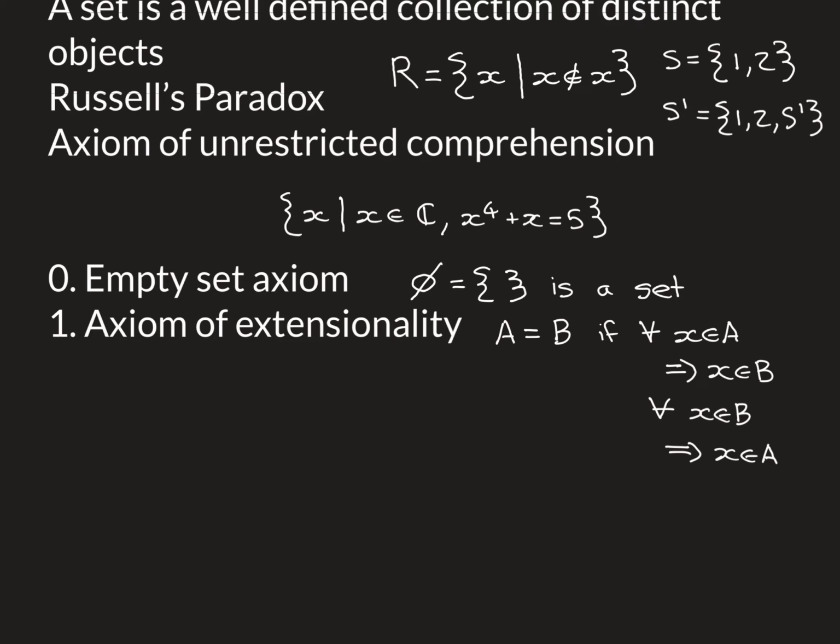So this is true if for all x, x is an element of A implies x is an element of B, and for all x, x is an element of B implies x is an element of A. That's all it says. Two sets are the same if their elements are identical to one another. I don't know why it's called the axiom of extensionality. It's not what I would have called it. I think it means that it's about the extension of the set, the elements within the set.